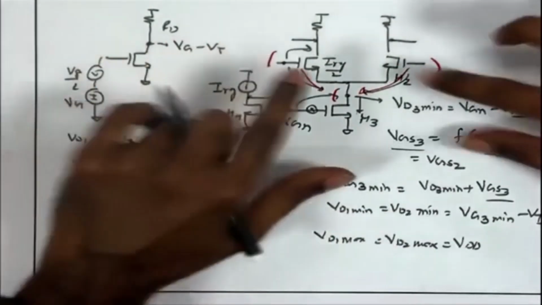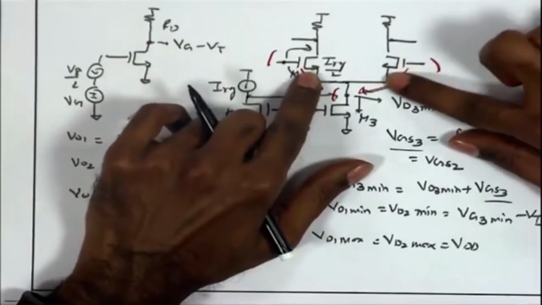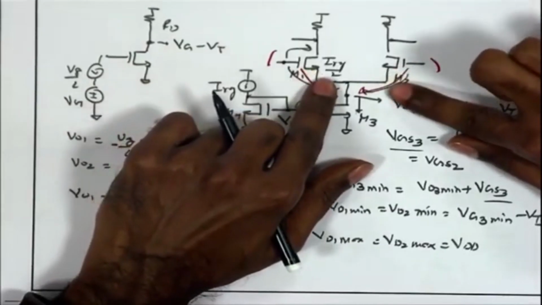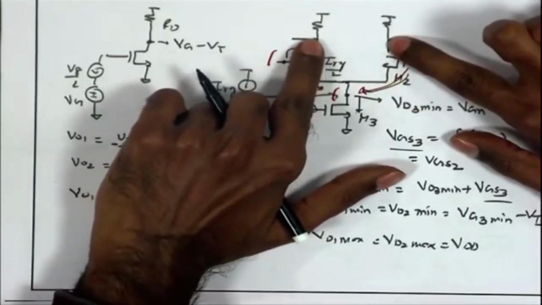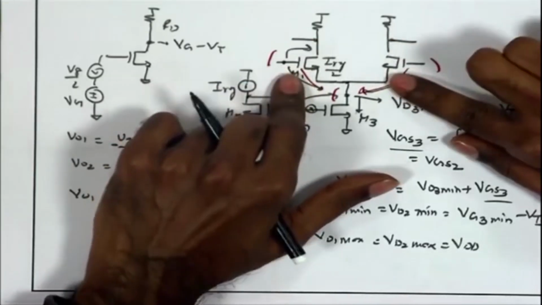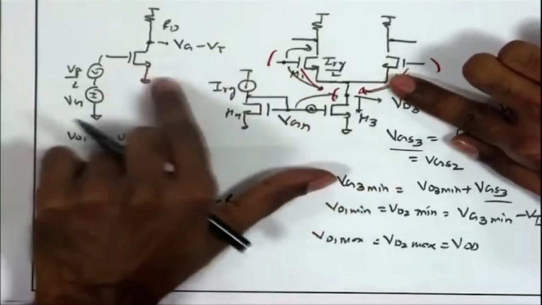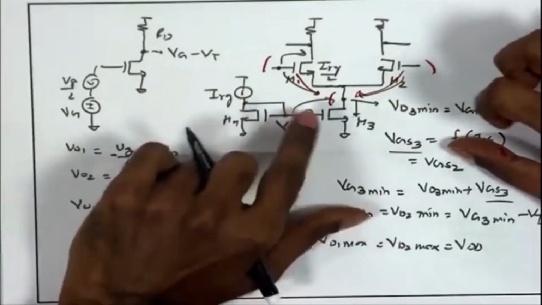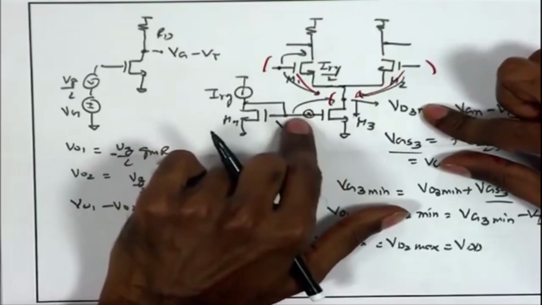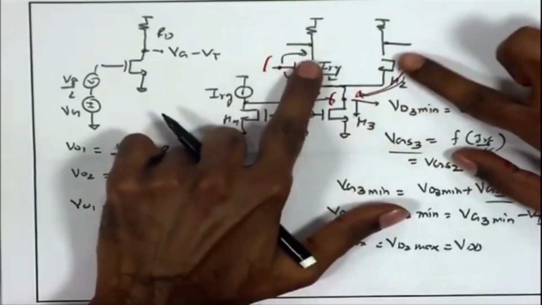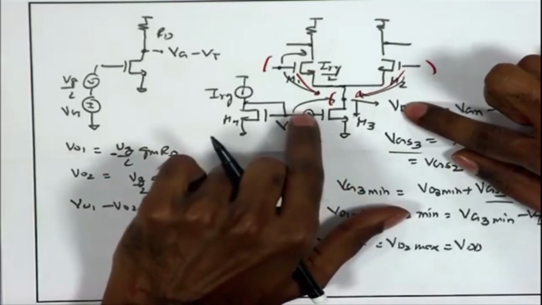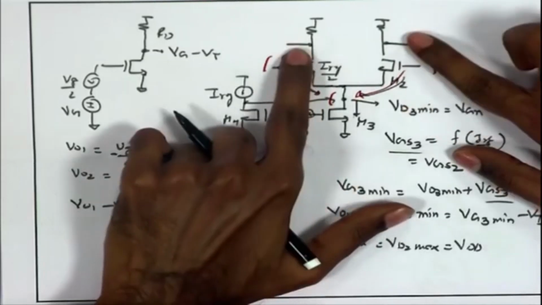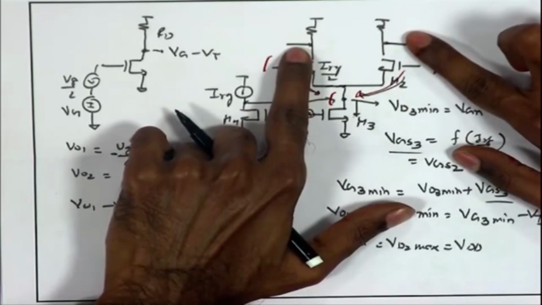Are we concerned about the noise of M3 in this case on the output? If we talk about M1 and M2, they are independent transistors, their noises are not correlated. Therefore, we cannot cancel them out because of differential operation. We have to look at Vn1 square and Vn2 square produced by M1 and M2 in the separate half circuits. But M3 is a common noise source for the two branches. So the effect of this common noise source on these two is correlated, it is not an independent source.